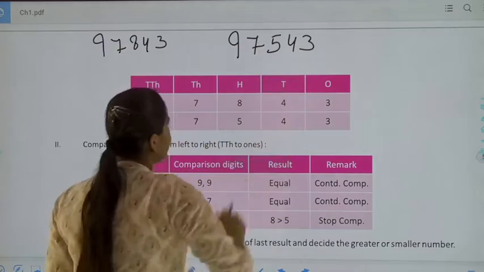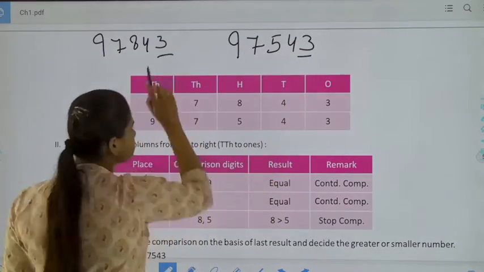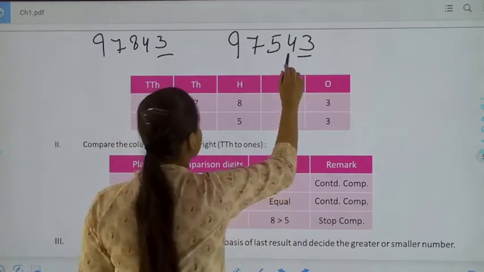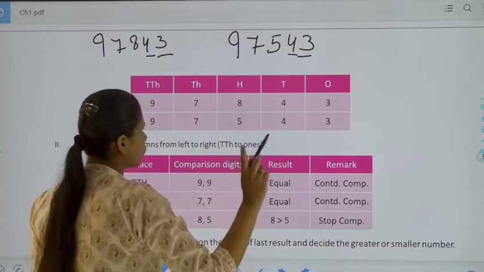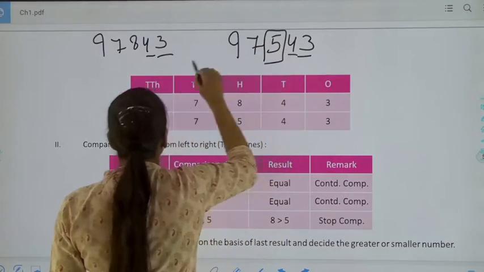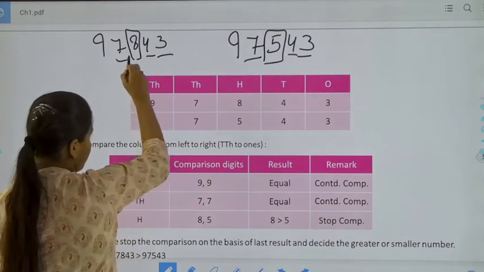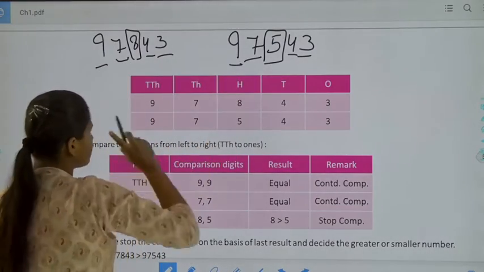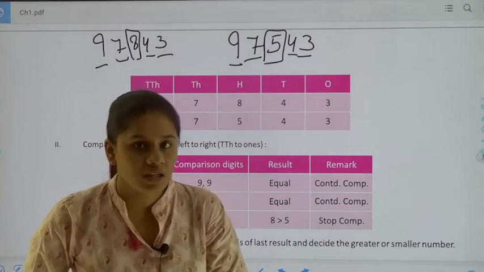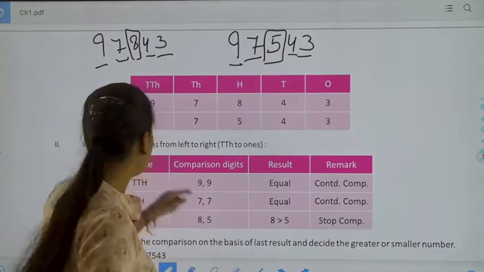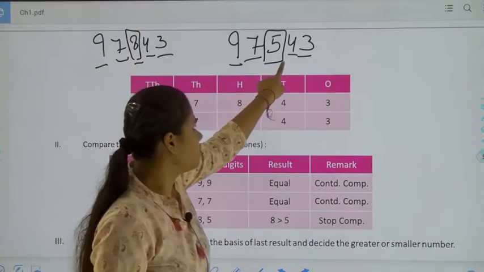You can see ones digit same, tens digit same, hundreds digit different, then thousands digit same, and ten thousands digit same, but the hundreds place value is different. It will be 8 and it will be 5.